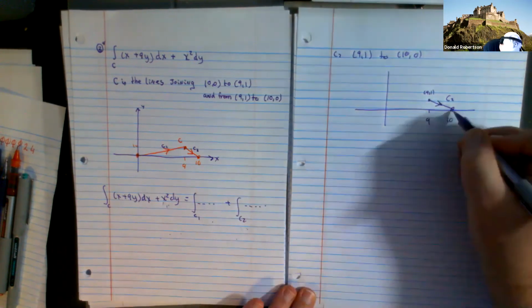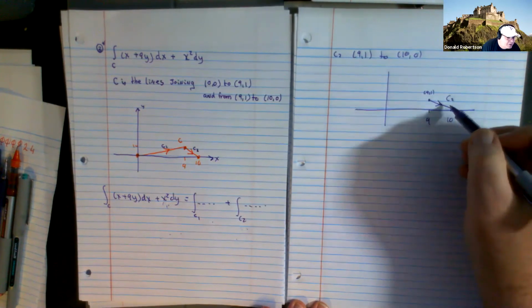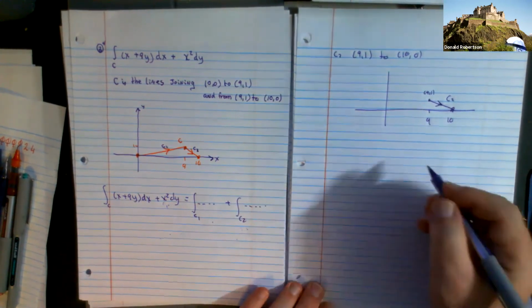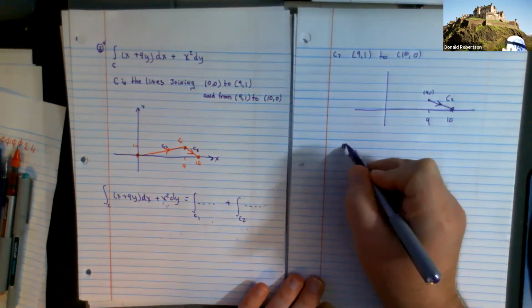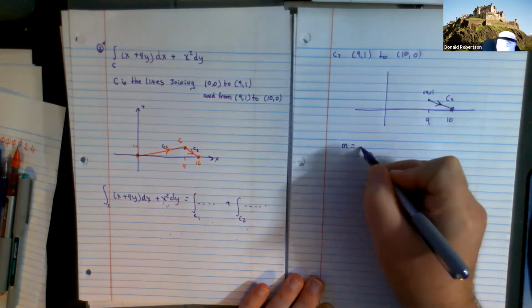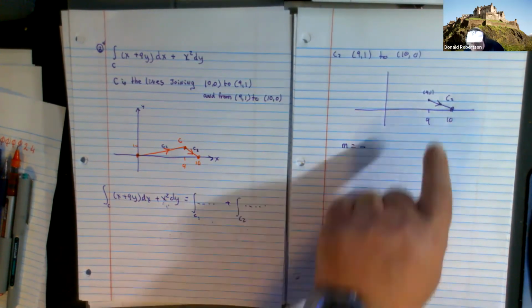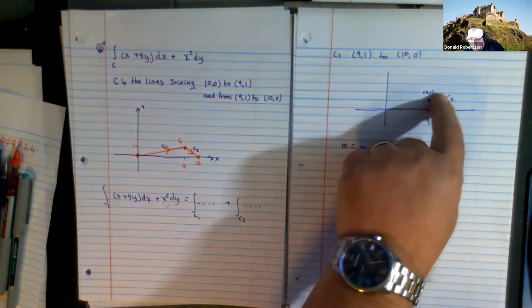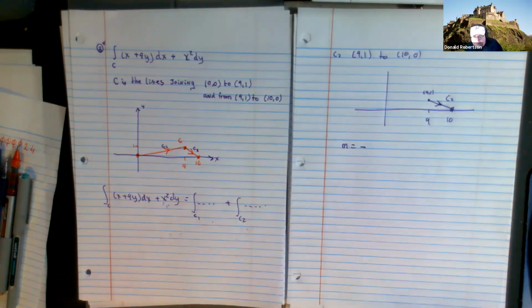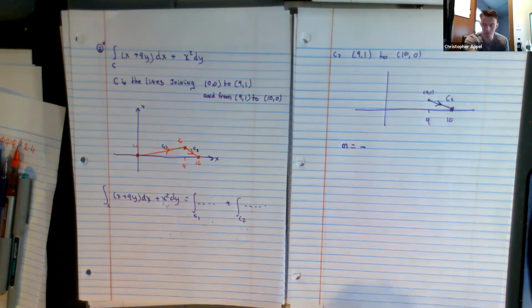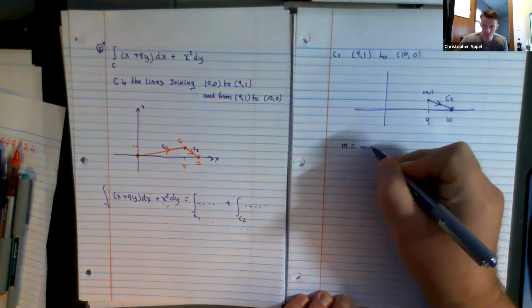It's a little bit harder to get the equation of this line because it's not passing through the origin. So if you look at this line, would you agree it's got a negative slope? Just using rise over run, what is the slope of C2? Is it just -1? Yeah, just -1.